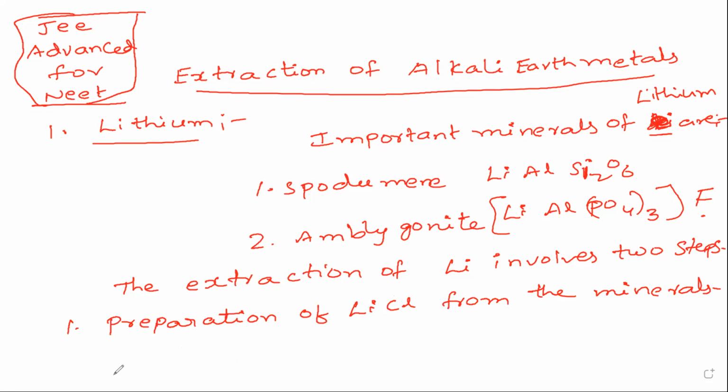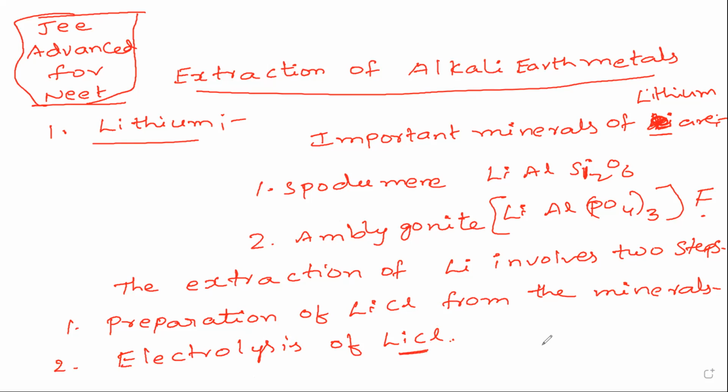Second step, electrolysis of lithium chloride. What happens when lithium chloride is electrolyzed? It forms lithium at cathode. So in this way, we prepare lithium chloride from either of these two minerals, and next we carry out electrolysis of lithium chloride.